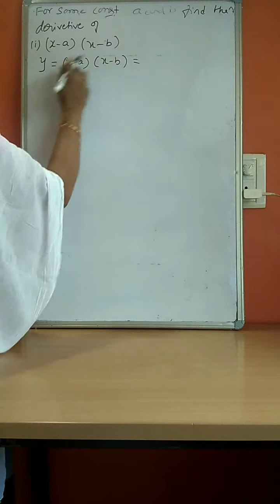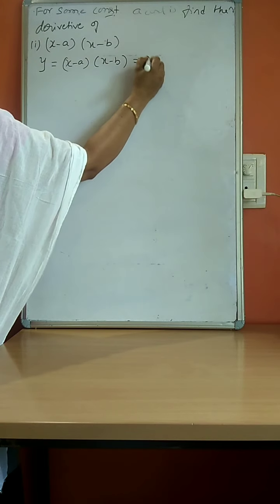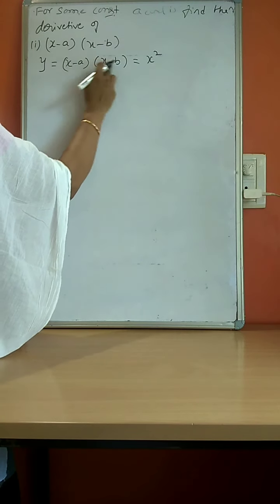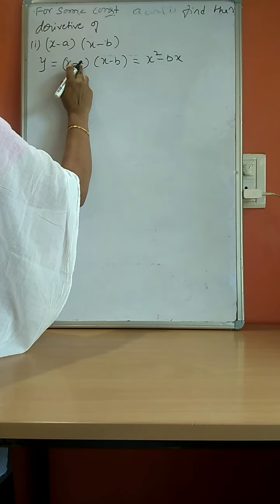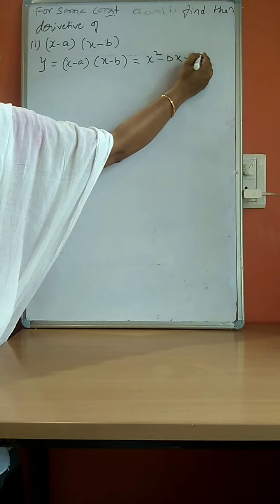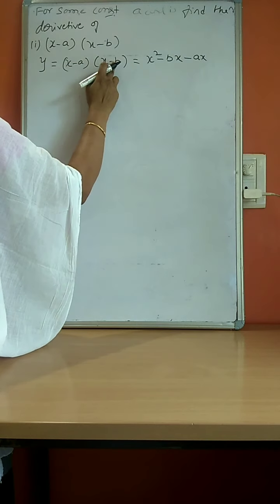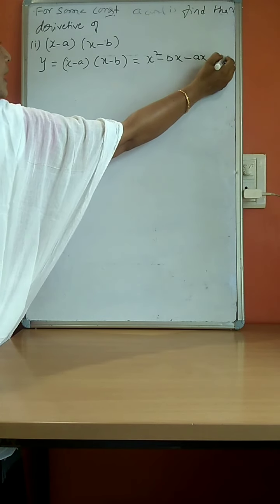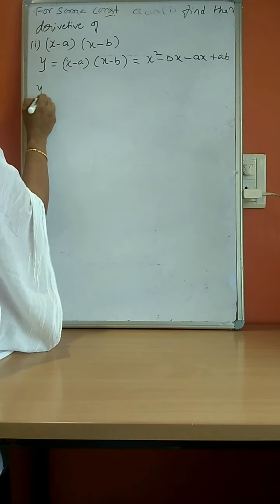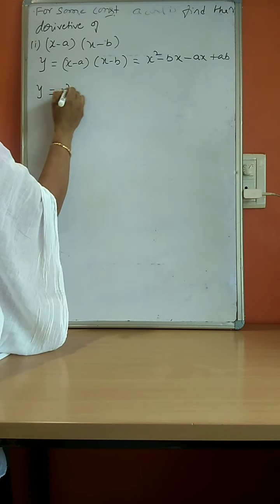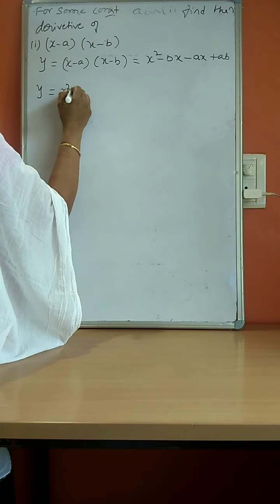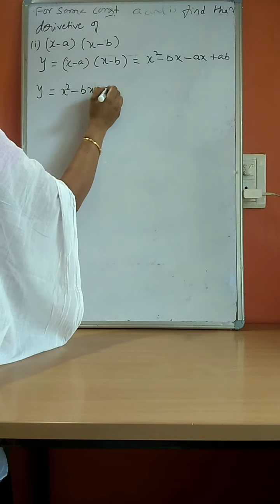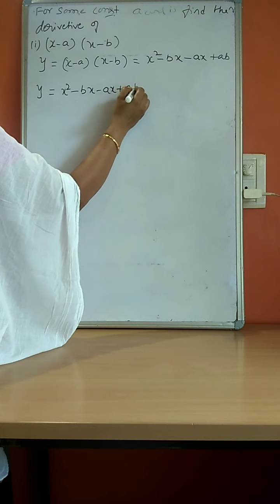Go for simplification. x into x is x square. x into minus b is minus bx. Minus a into x is minus ax. Minus into minus is plus ab. Therefore, y is equal to x square minus bx minus ax plus ab.